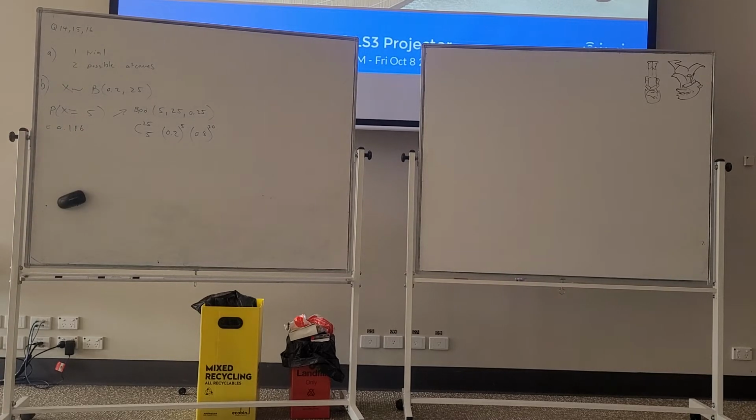So what that means is the probability of getting 5 correct at random is 0.196. Okay. Part 2, no more than 7 correct identifications.